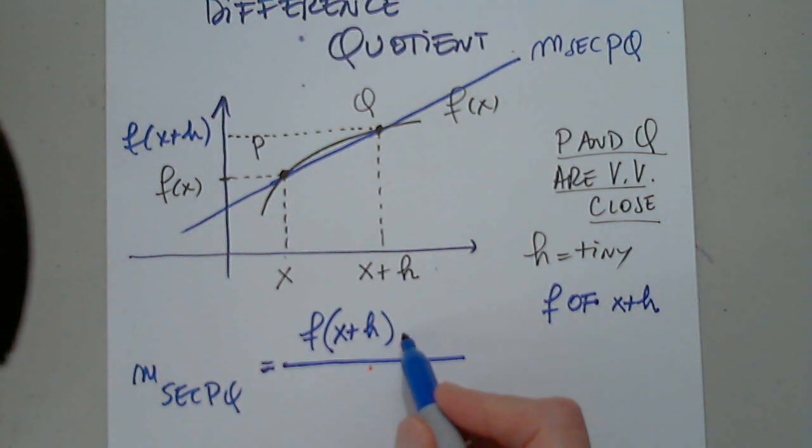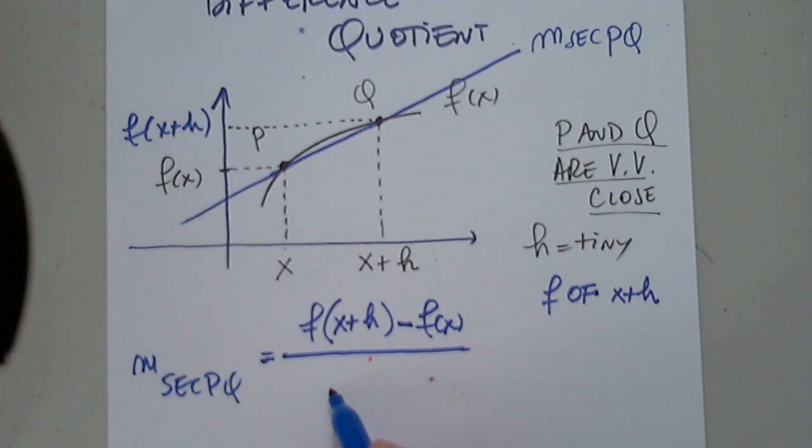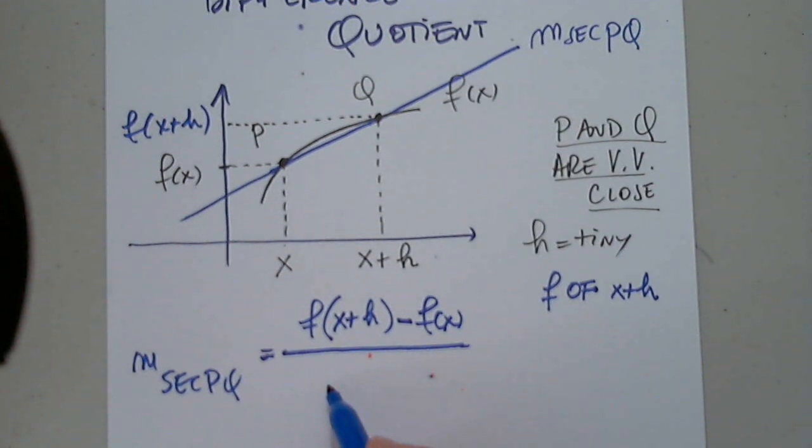Good. Next, minus f of x. Awesome. Over x plus h minus x.